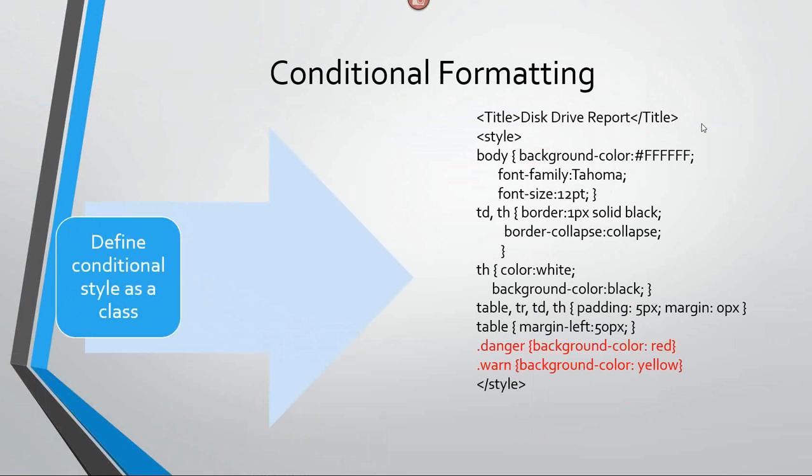Those are the classes within my style definition. If something is specified with the class danger, I'm going to change the background color to red, and for the warning, the background color will be yellow. This is assuming then that I'm doing this in a table.